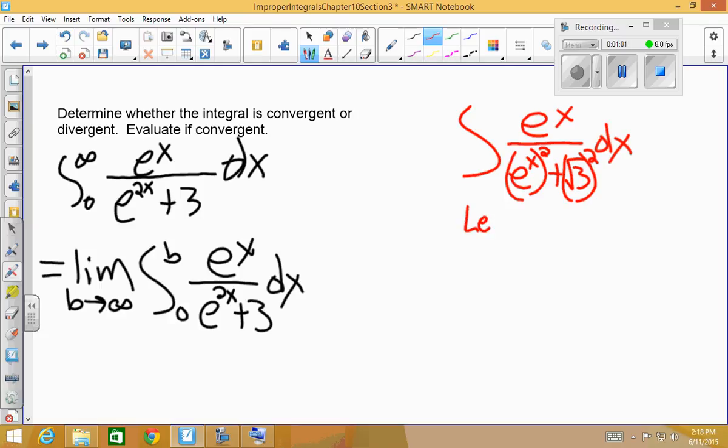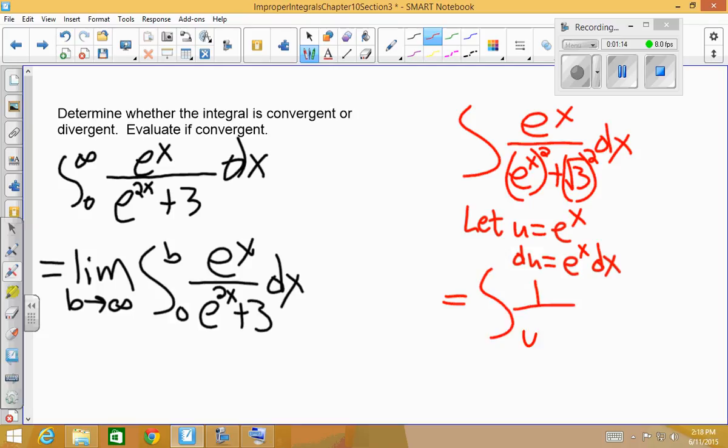So we do a small substitution. Let u be equal to e to the x, then du is equal to e to the x dx. So this integral becomes the integral of 1 over u squared plus the square root of 3 squared du.